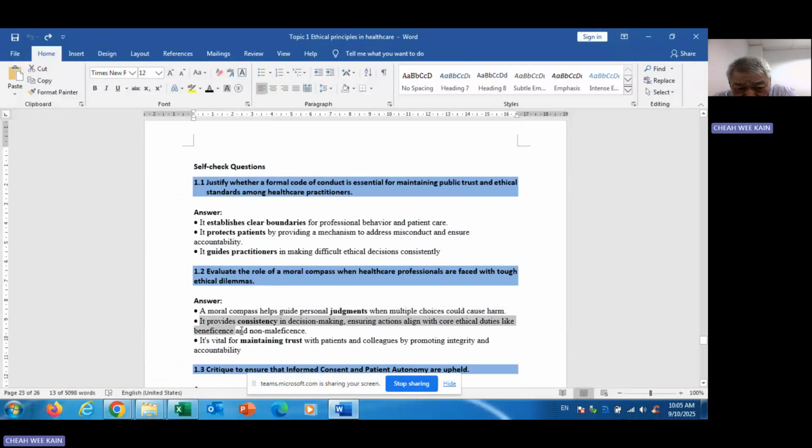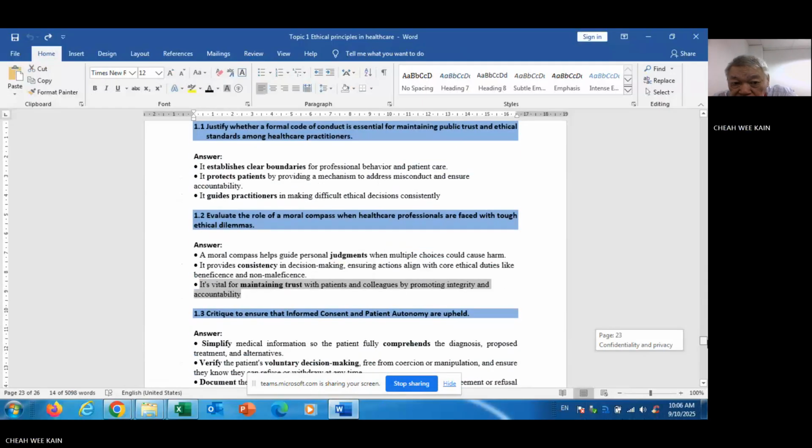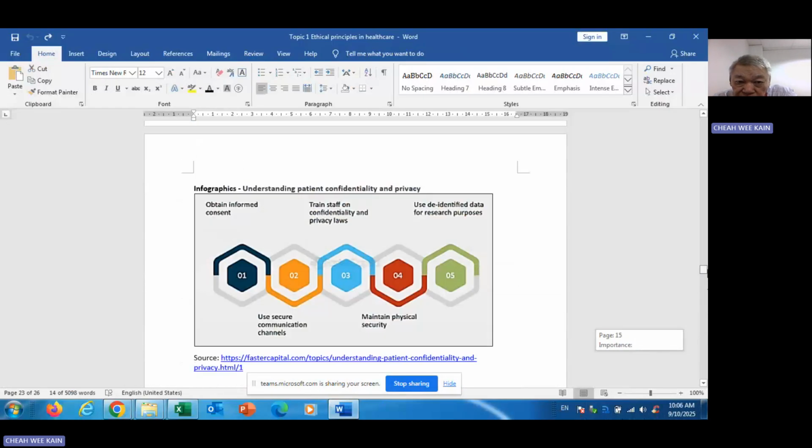The moral compass provides consistency in decision making, ensuring actions align with core ethical duties like beneficence and non-maleficence. It is vital, the moral compass, for maintaining trust. Okay, so I think that should be how you evaluate the role of a moral compass.